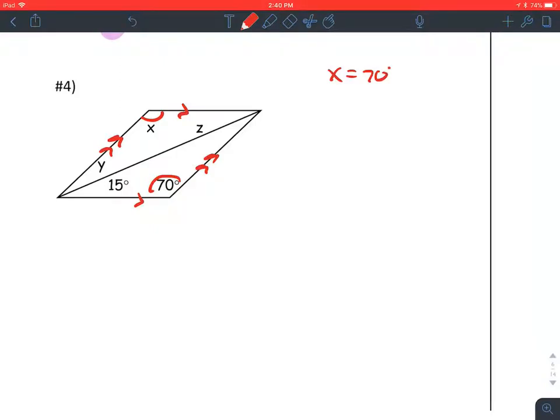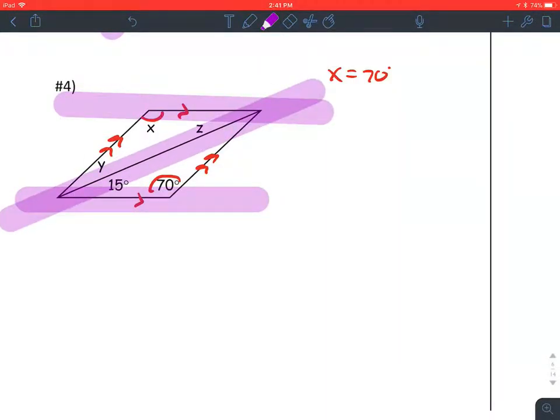If I look at these parallel lines and this transversal, z and 15 are alternate interior angles. According to the alternate interior angle theorem, those have to be the same, so z has to be 15 degrees.